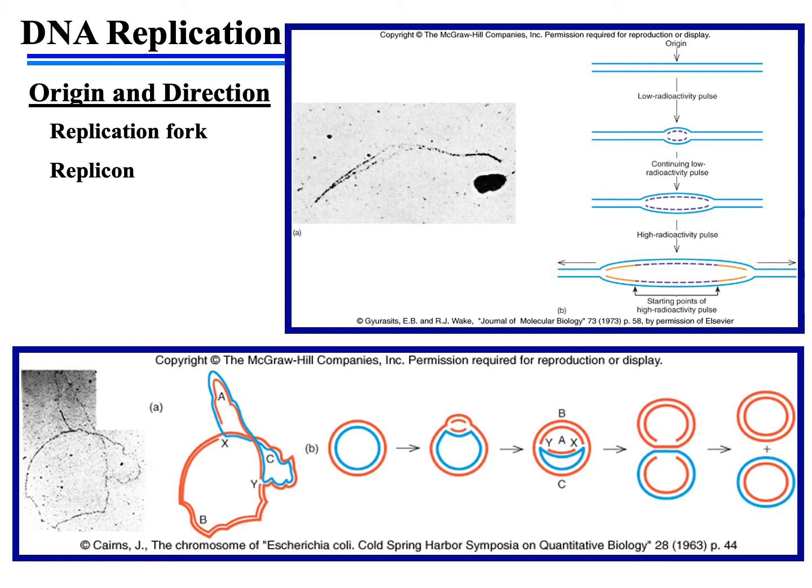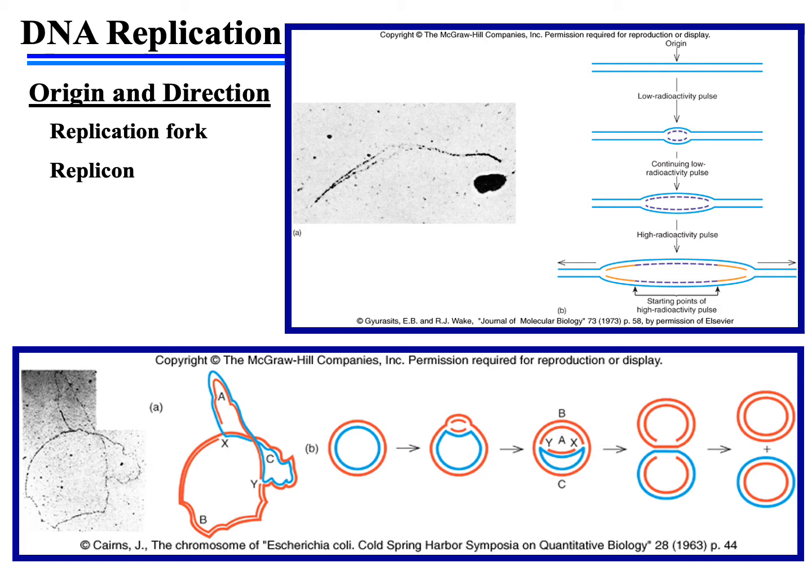In prokaryotes, and the most common prokaryotic example is Escherichia coli or E. coli, that replication origin is referred to as OriC, and we talked a little bit about replication origins in our first unit of material, specifically dealing with plasmids and allowing plasmids to be copied or replicated overall.